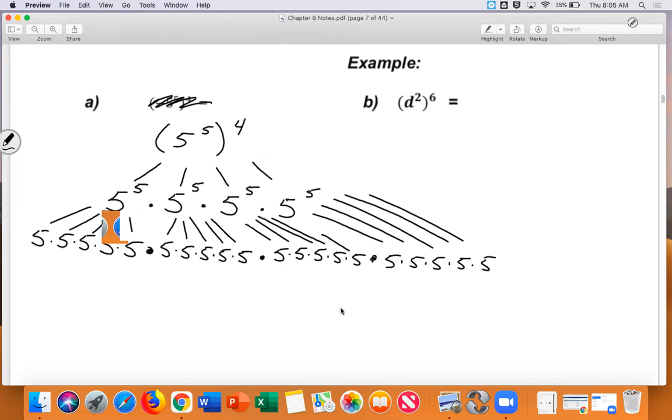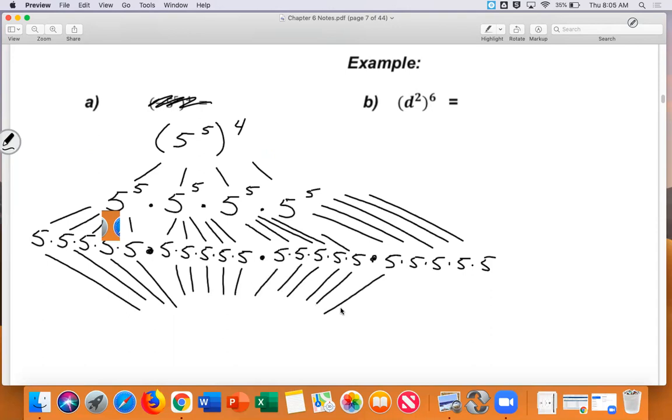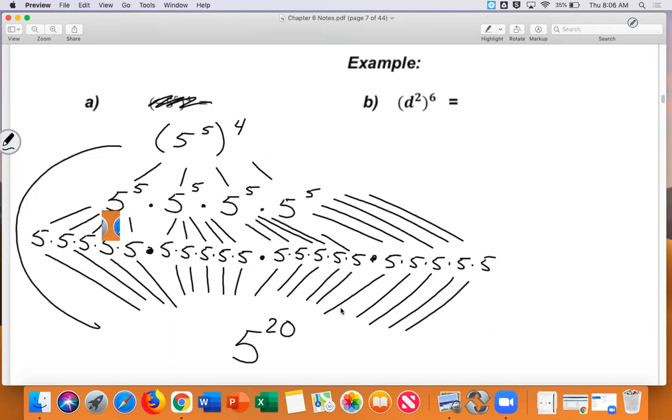Look at that. It's so much work, right? And you guys said I have how many? 20. How could I go from here to there without writing it all out?